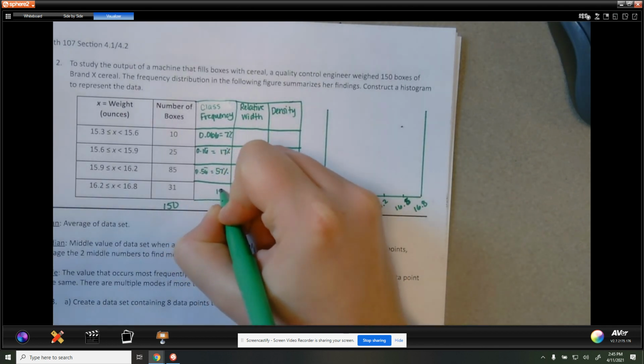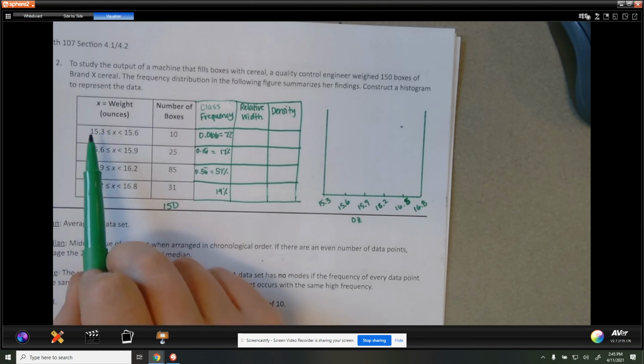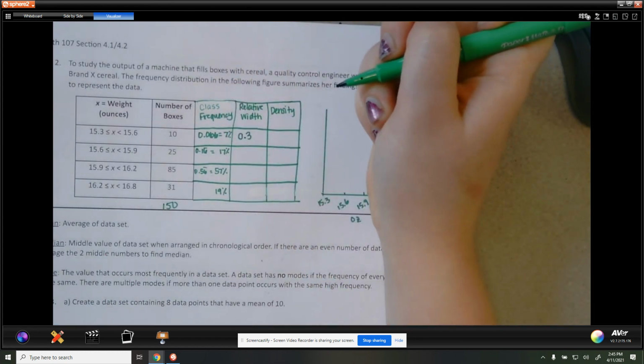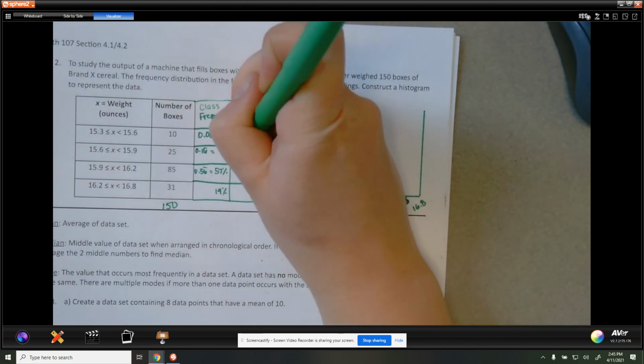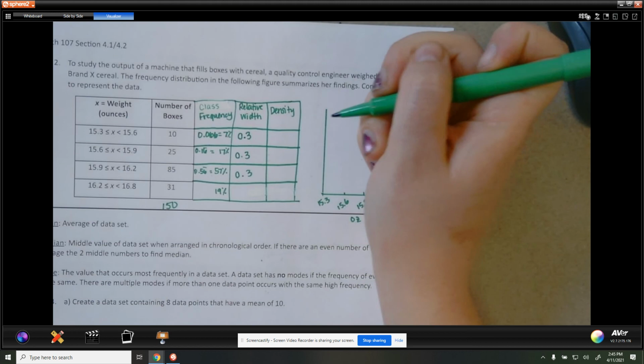This is not perfect, but we'll keep it at 100% there. Okay, relative width. How do we get from here to here? So this is by 0.3, from 15.3 to 15.6, and then another 0.3, and then another 0.3, and then this one is 0.6.